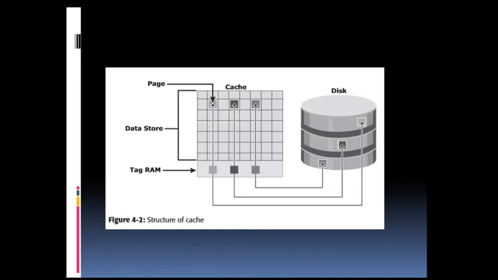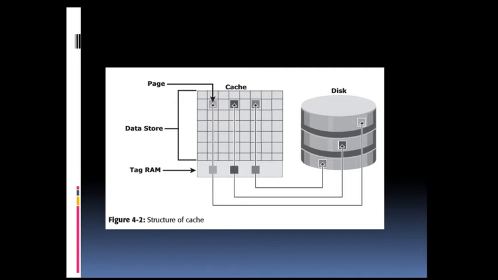The entries in the tag RAM indicate where the data is found in cache and where the data belongs on the disk. Tag RAM includes a dirty bit flag, which indicates whether the data in cache has been committed to the disk. That means whether that data in the cache is saved onto the disk or not.